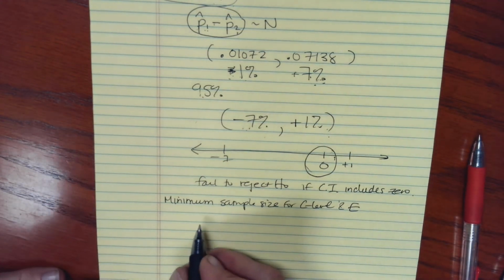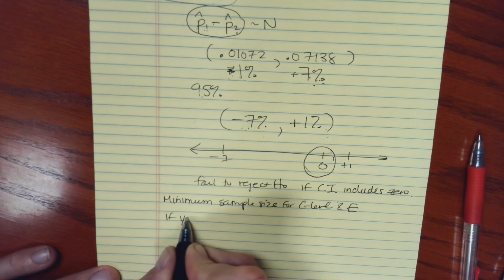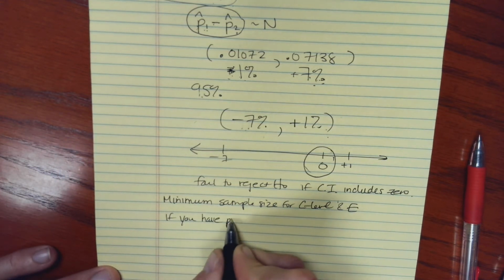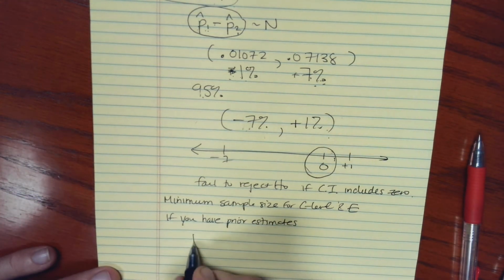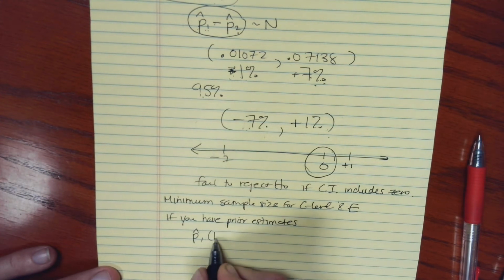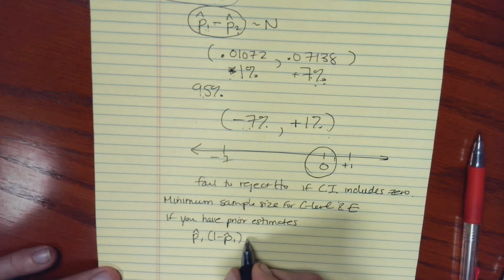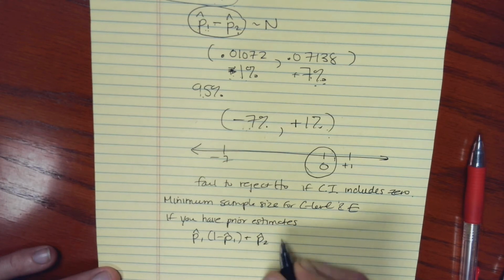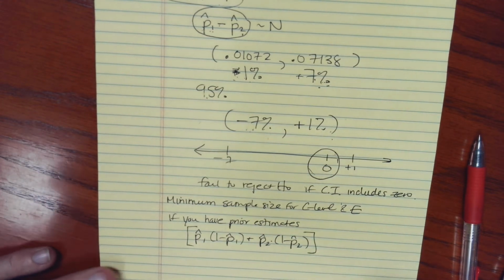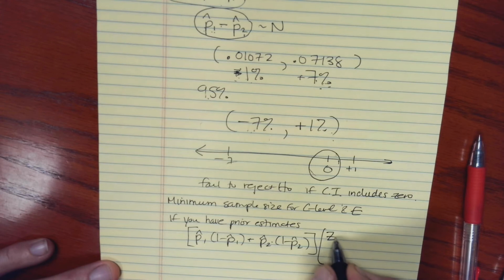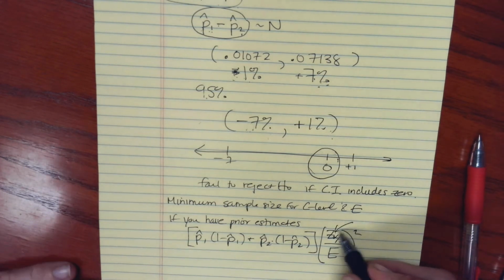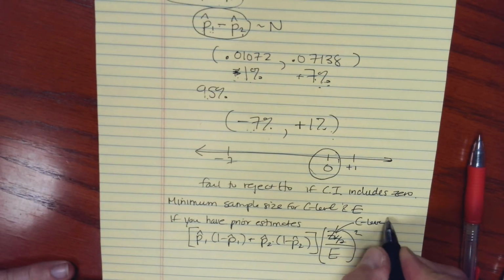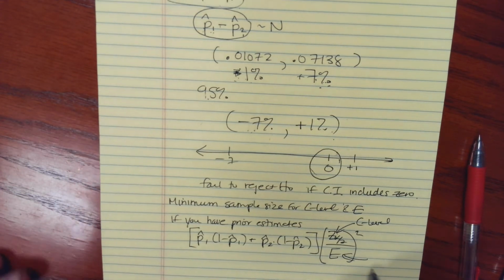So the formula for this, if you have prior estimates for two proportions, is you take your p hat 1 times 1 minus p hat 1, add that to p hat 2 times 1 minus p hat 2. Then we're going to take this whole amount and multiply that by z of alpha over 2 over E, quantity squared. So this number is going to be based on your confidence level, and this is going to be a decimal margin of error.